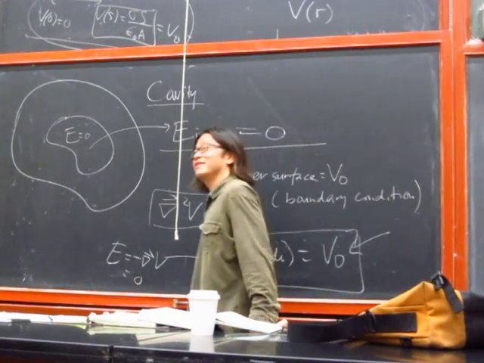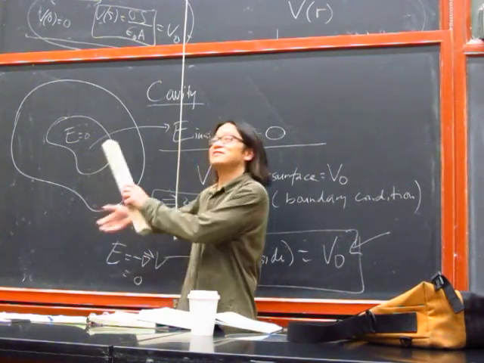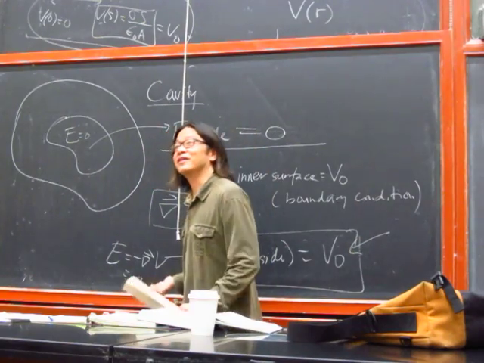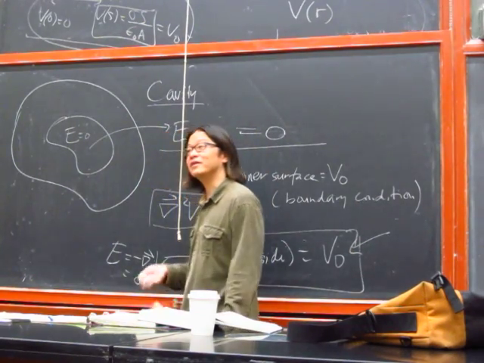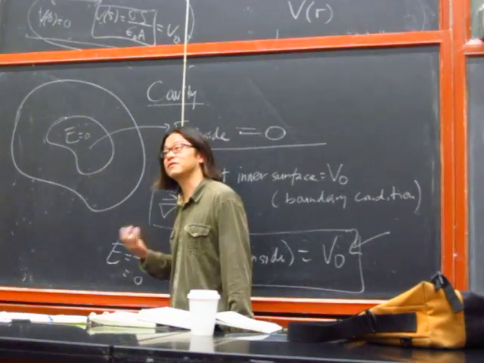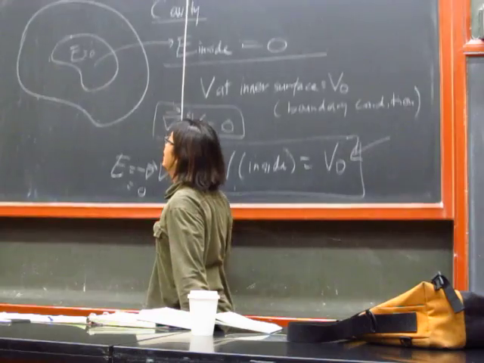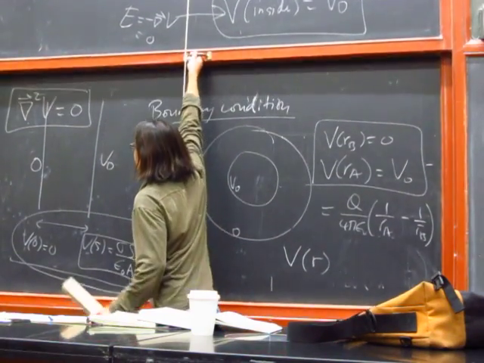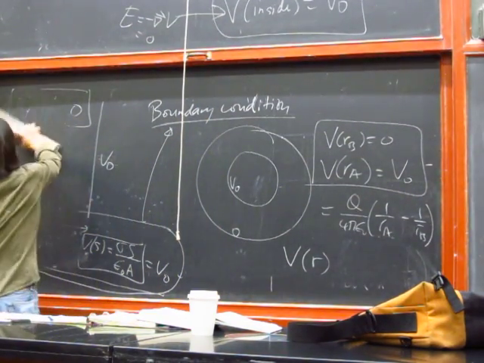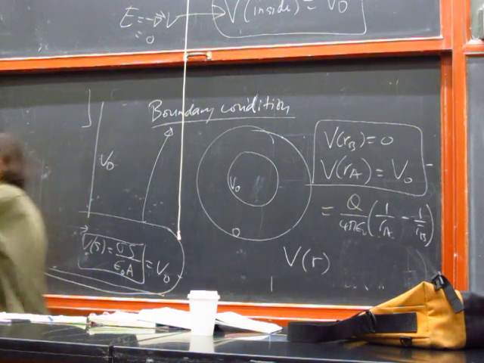Is that clear? These are some general statements that you can make without even solving anything in particular, just looking at the general condition of the differential equation. So let's look at a few examples of that.